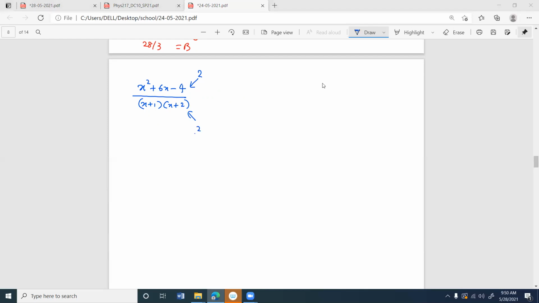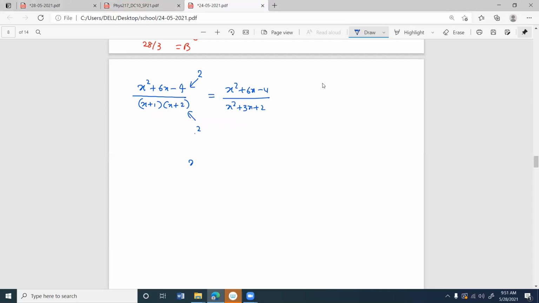In this case, even if the powers are similar, we cannot do the partial fraction straightforward for this kind of question, right? So how to do this? This is x squared plus 6x minus 4 divided by x squared plus 3x plus 2, right? We will do it.